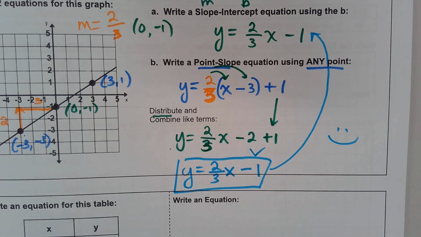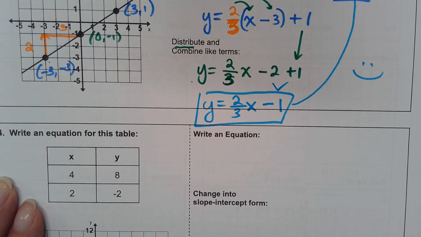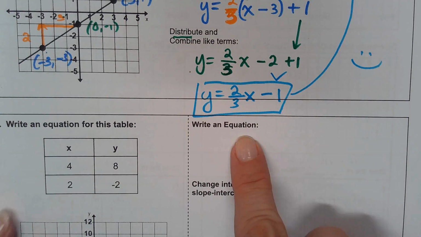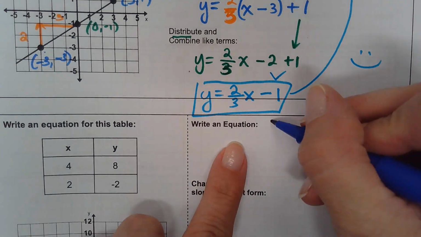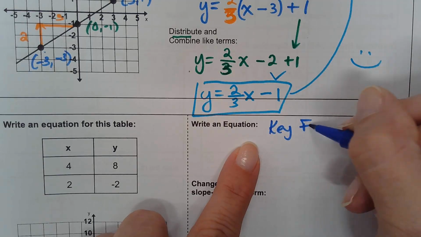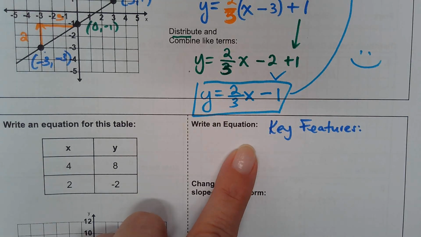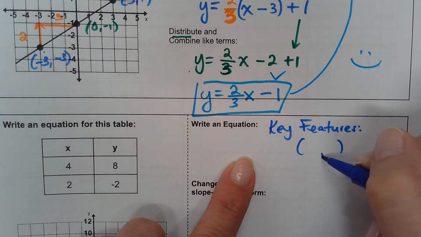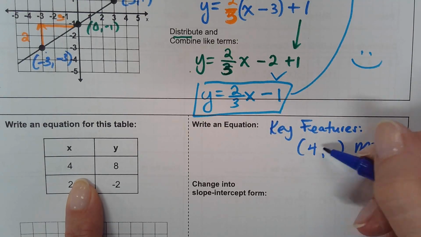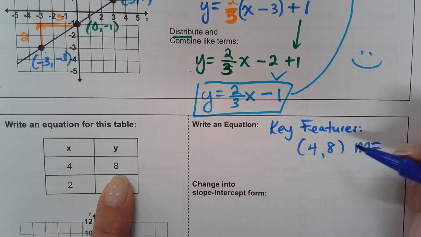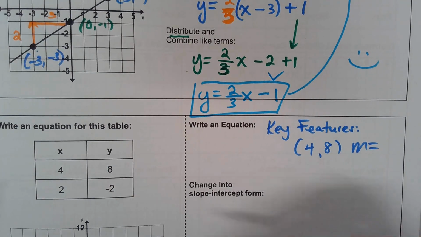We can also take a look at a table. Let's make an equation here. Two things you need to know to make an equation, okay? The key features. What are key features? A point and a slope. I will choose this first point right here. And then the slope, I have to look on the outside.